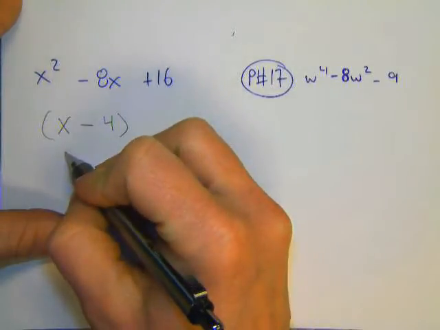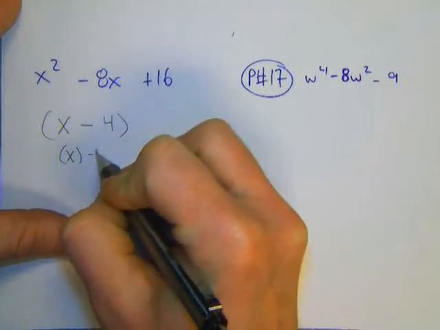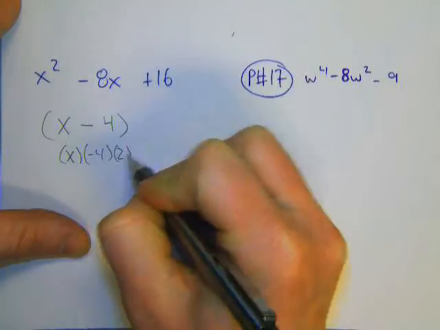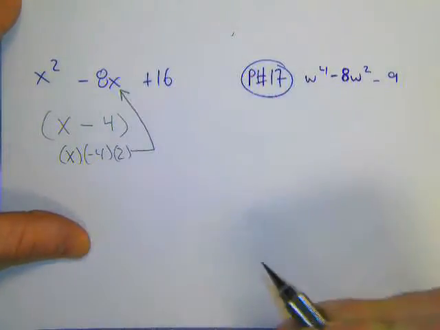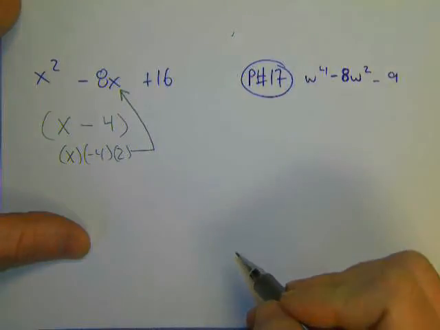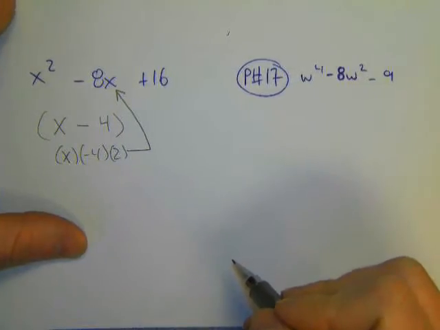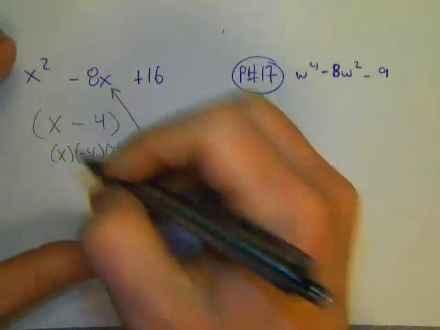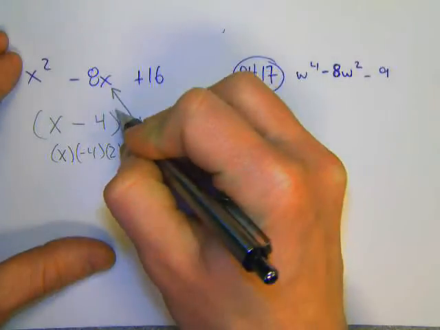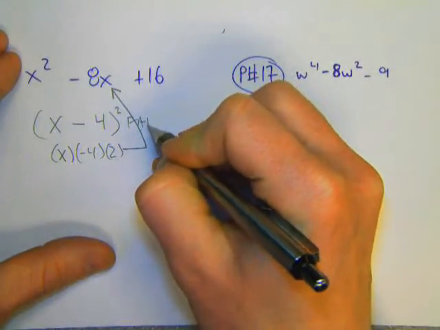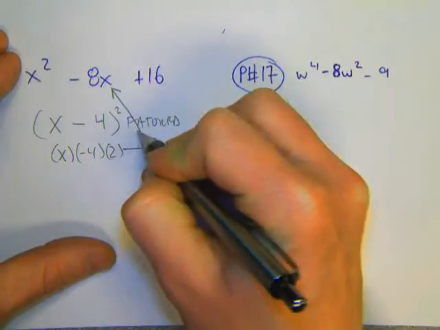And again, the check is x times negative 4 times 2. If I multiply those together, do I get that? And I do. So again, this would be the factored, squared. That would be factored.